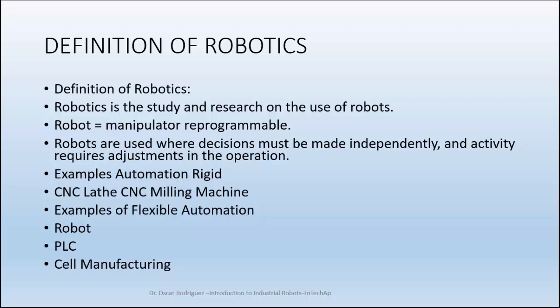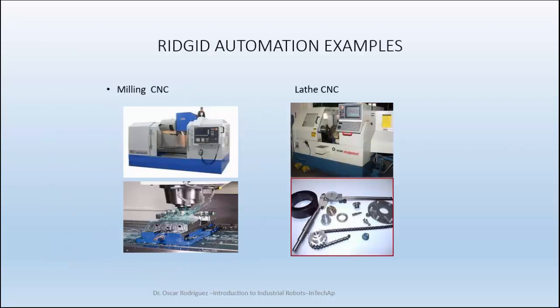Those could be part of the classification or category of flexible automation. We've introduced a couple of concepts here: hard automation versus flexible automation. And we have defined robotics as kind of a science study field, and a robot can be simply defined as a reprogrammable manipulator. That's what we have been talking about in this case. Here are some examples of rigid automation.